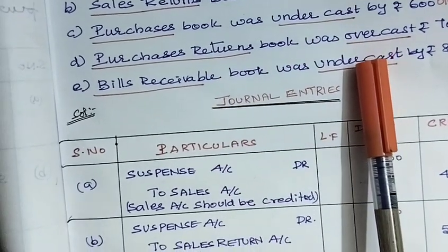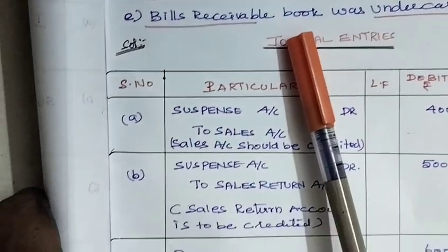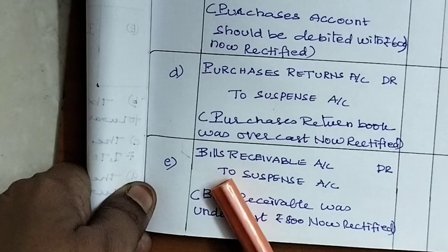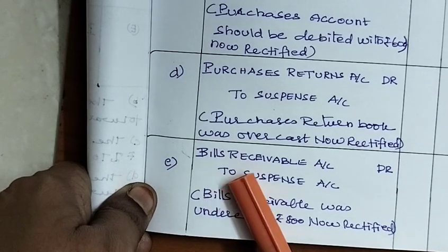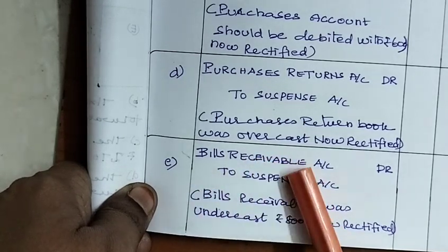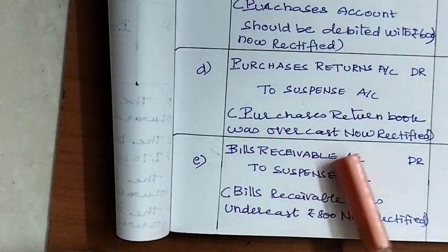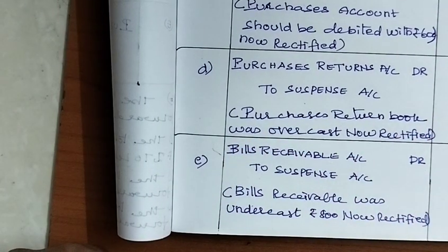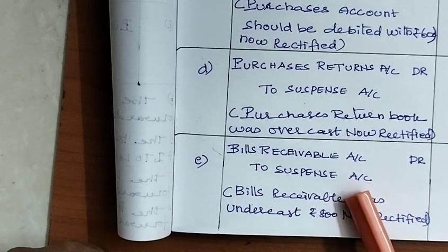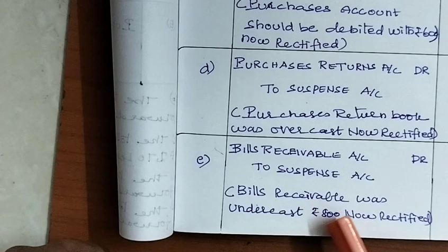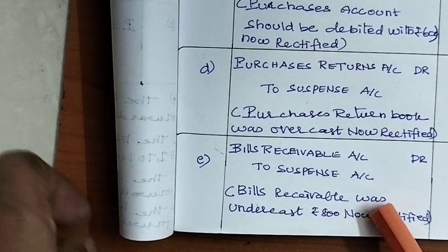You should follow the original journal entry for the bills receivable account, which is shown on the debit side. So bills receivable account Dr. 800 rupees to suspense account 800 rupees. The bills receivable was undercast by 800, and now it will be rectified.